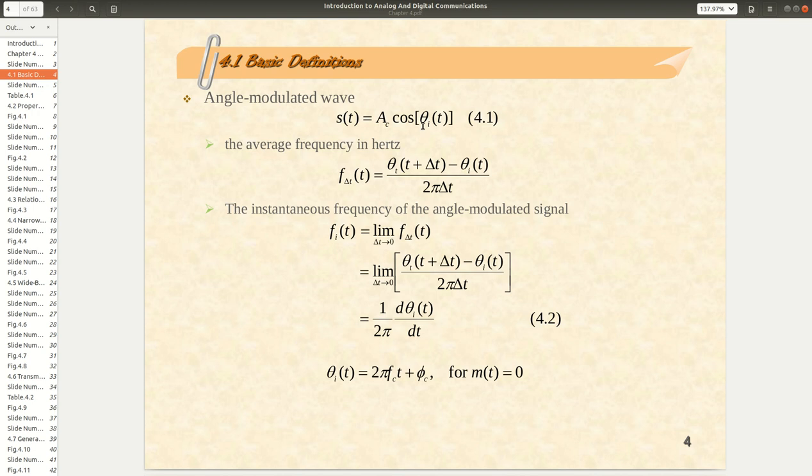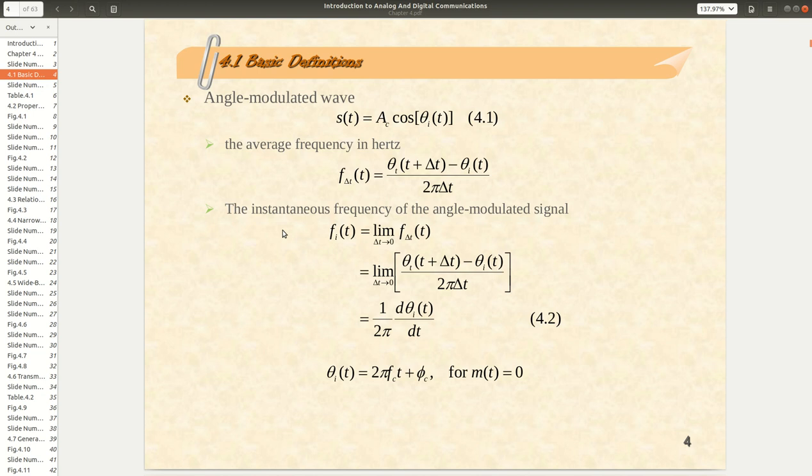So now here the average frequency in hertz is f_delta t of t, equals theta_i of t plus delta t minus theta_i of t, over 2 pi delta t. Here it is changed from t to delta t. So this is the differentiation of theta_i.